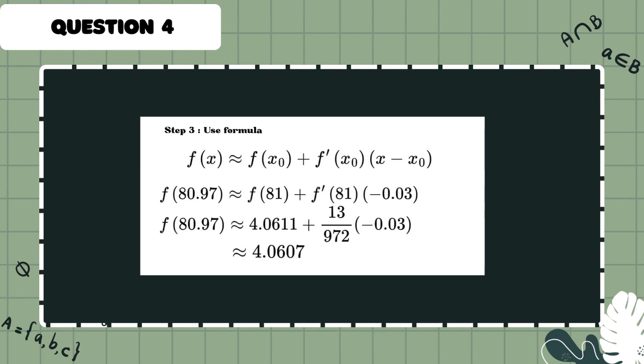This gives f of 80.97 approximately equal to 4.0611 plus 13/972 times negative 0.03. After calculating the expression, the estimated value is 4.0607.